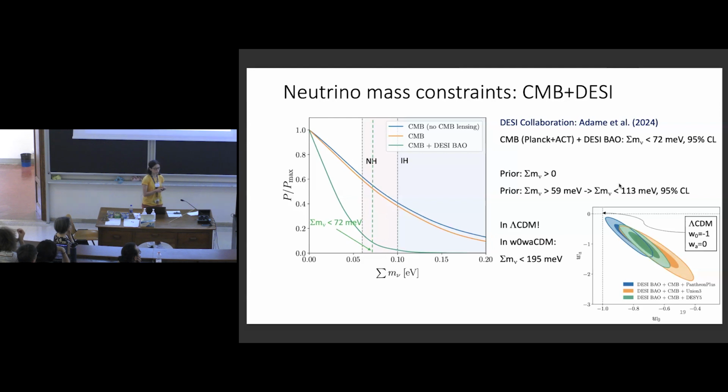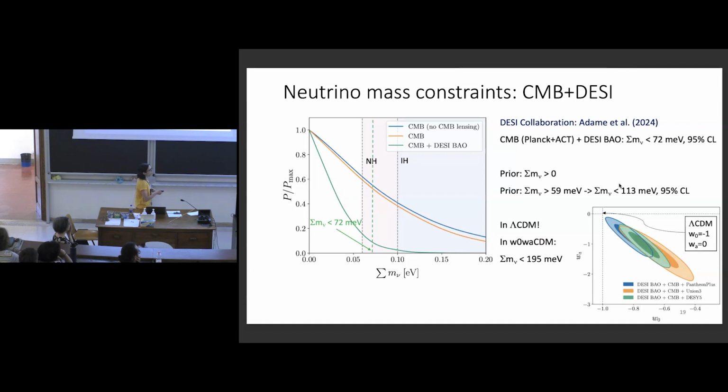This was one of the great news or challenging news from the DESI collaboration. So this bound, the 72 millielectron volt, is obtained assuming lambda cold dark matter. But actually, DESI prefers a value of w0 and wa that is more than 2 sigma away from the lambda cold dark matter point.